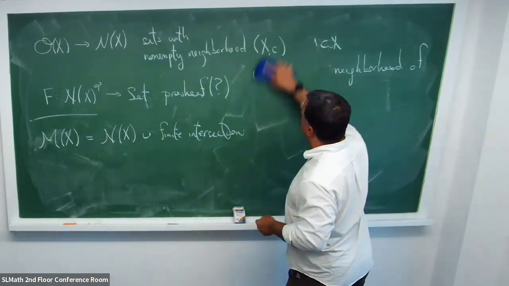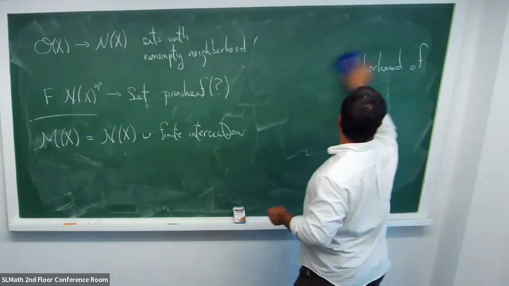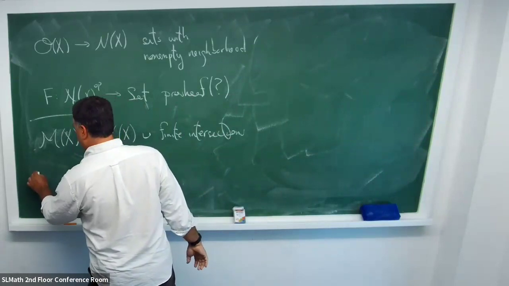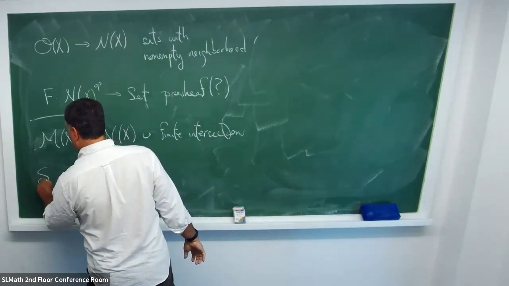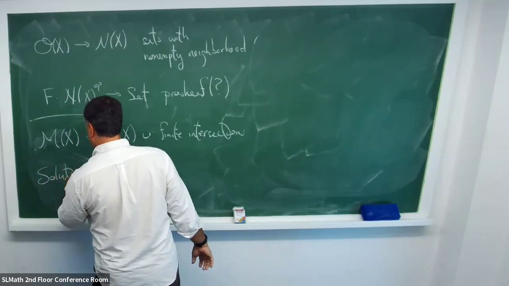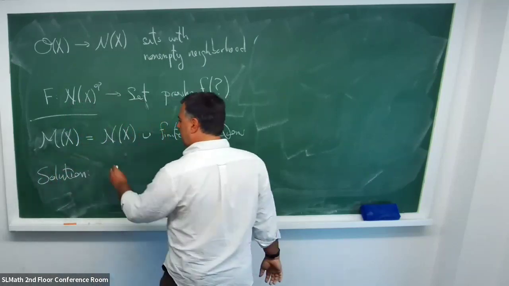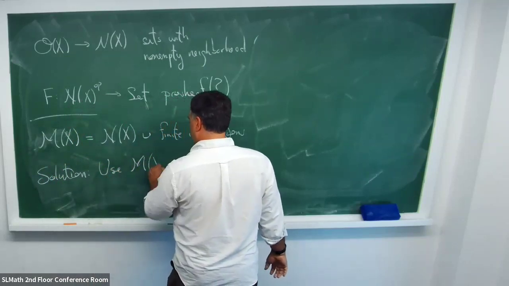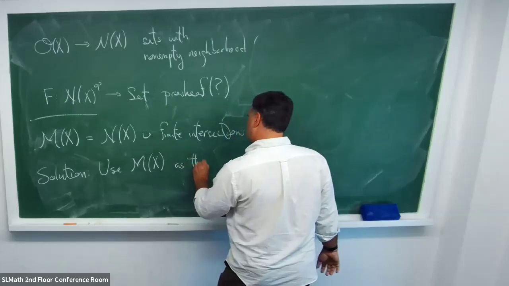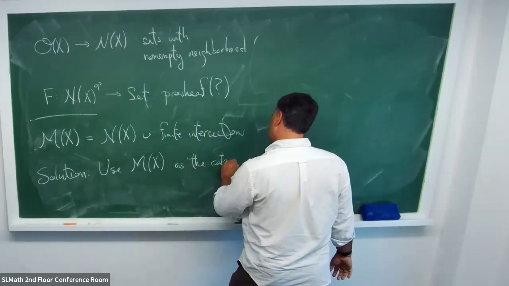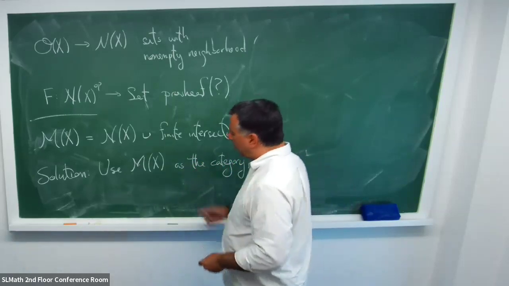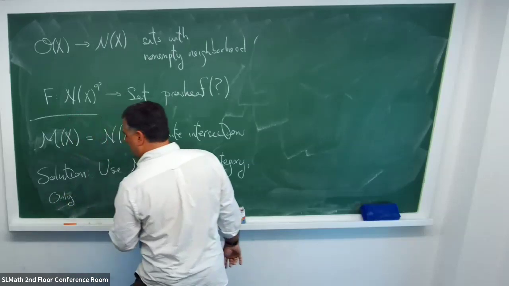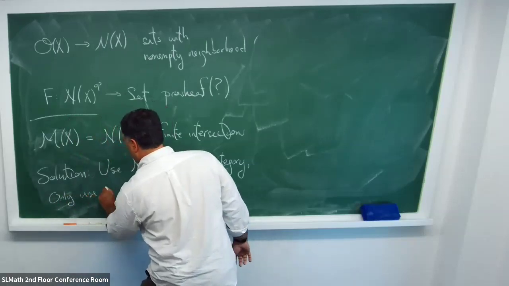And Grothendieck indeed kind of tells us exactly what we need to do. So the solution: we're going to use N_X as our base category, but we're only going to take covers that are interior covers.